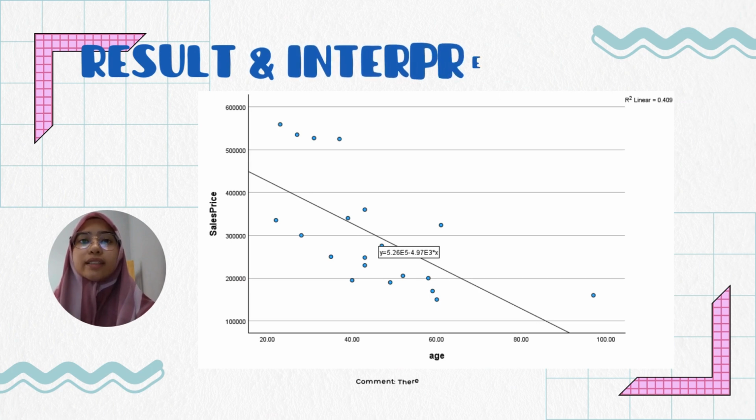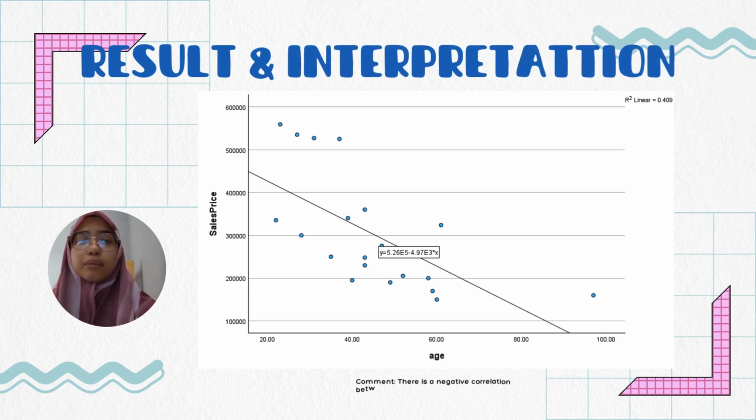Next, here we can see a graph. From the scatter plot diagram, we can interpret that it is a negative correlation between age of house in 2015 and sale price. It indirectly answers the second objective. Next, for the correlation, the value R we obtain is negative 0.639.